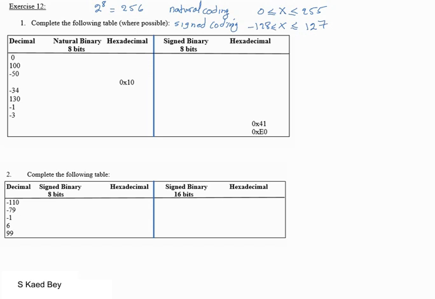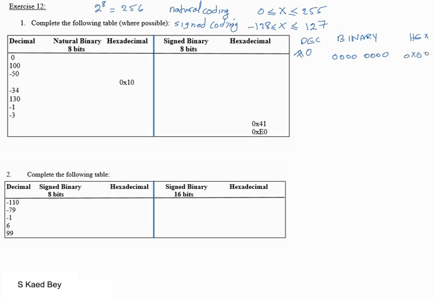So the counting in the natural coding would be something like this, starting from a decimal of 0. The binary for an 8-bit representation would be 8 zeros, and the hexadecimal is 00.